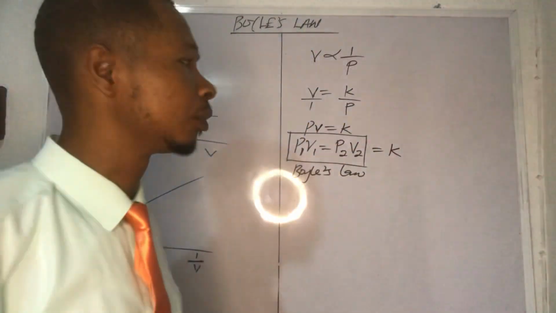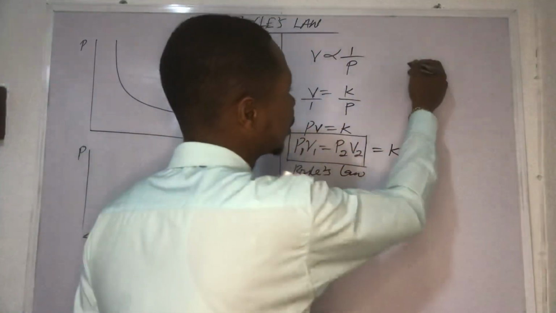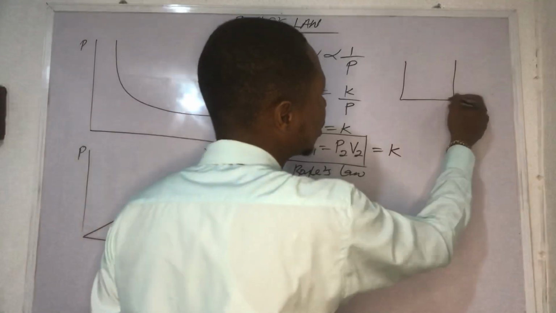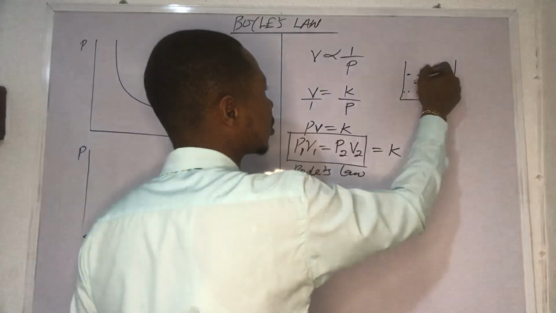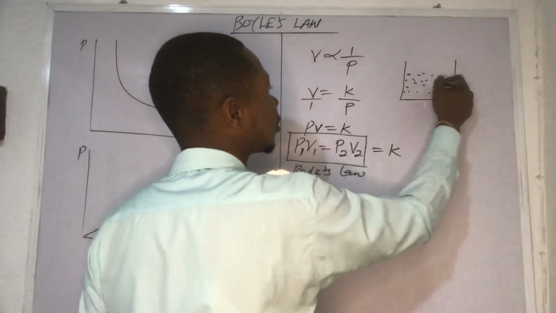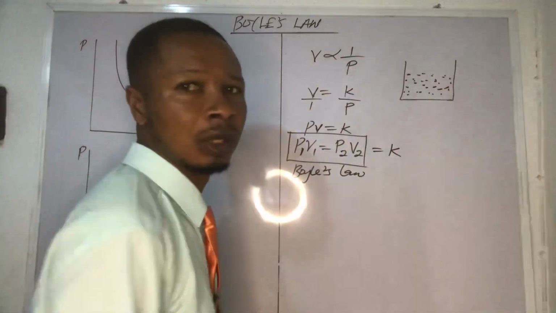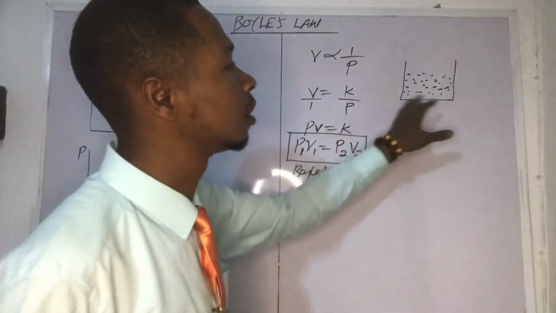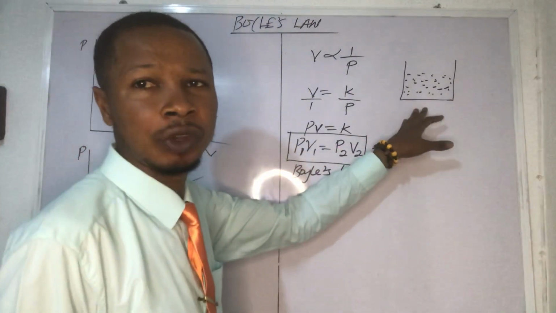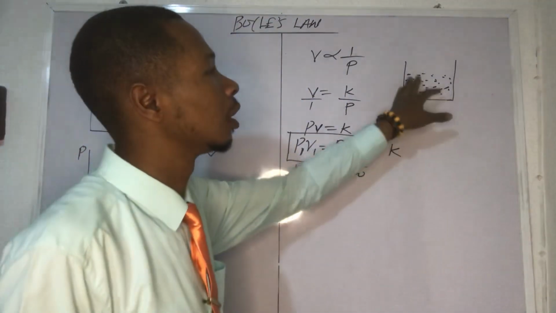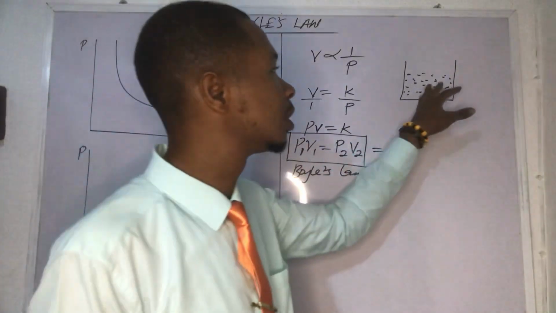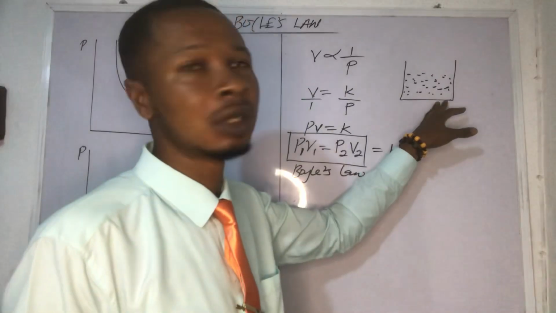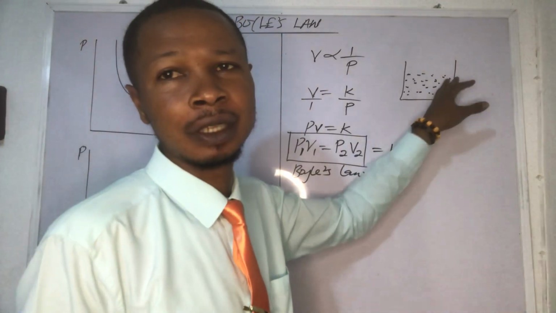Take for example, if you have gases occupying this volume, these are gas molecules in this container. They will be colliding with each other and with the wall of the container.